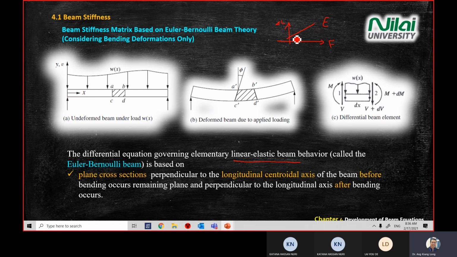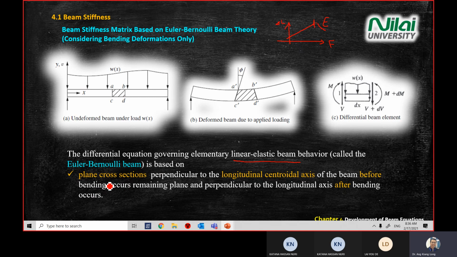We only consider up to the elastic limit here. We will not consider after it breaks. So we will only consider up to the modulus of Young limit or maximum elongation here. In this case, we are having an Euler-Bernoulli beam structure. So in your test or exam, when you see the Euler-Bernoulli beam mentioned in the question, it means that we only consider within the elastic region of your structure.